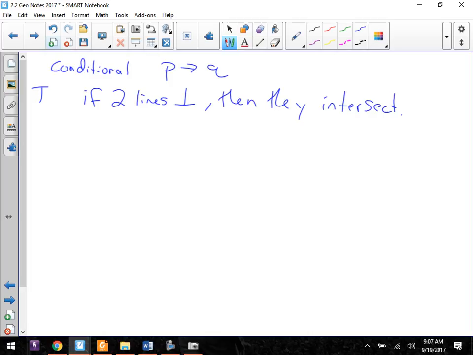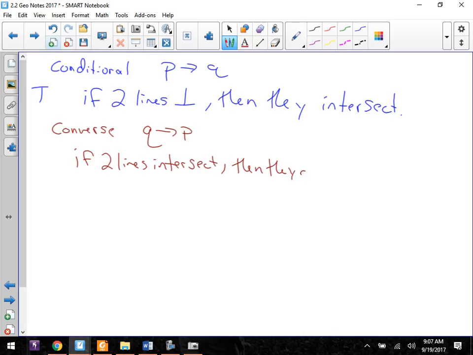The next one we did was the converse, where we flip-flopped them. If two lines intersect, then they are perpendicular.